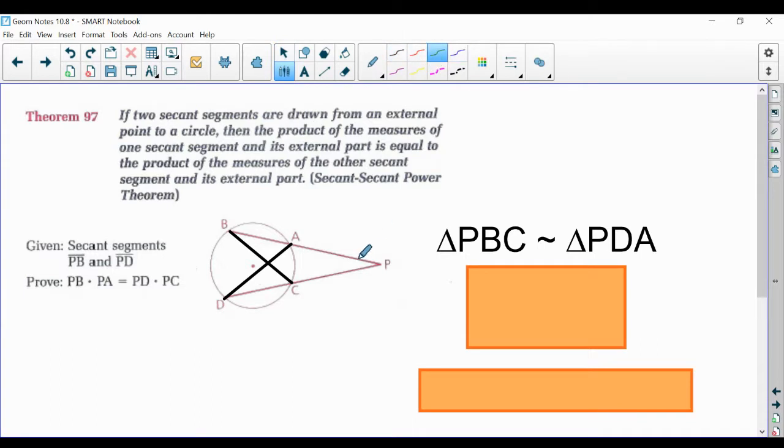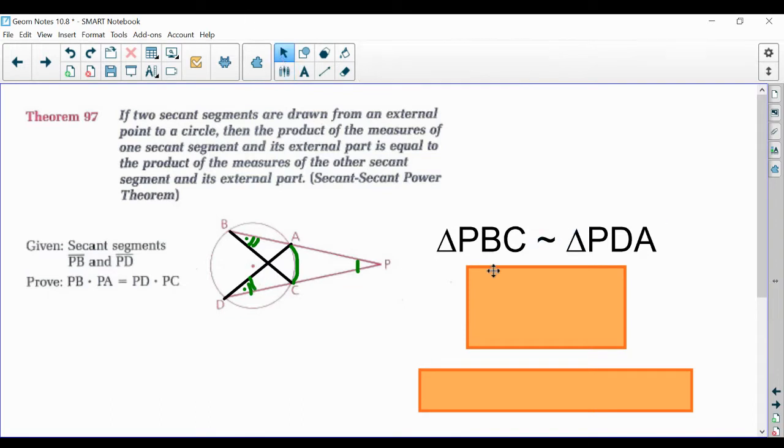Well, once again, they share angle P, so they're congruent, by the reflexive property. Now, angle B and angle D are both inscribed angles that intercept arc AC. So they're both half of whatever arc AC measures. So they also have to be congruent to each other. So once again, by angle-angle, the two triangles are similar.